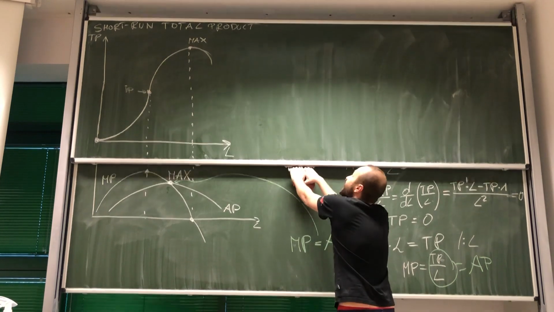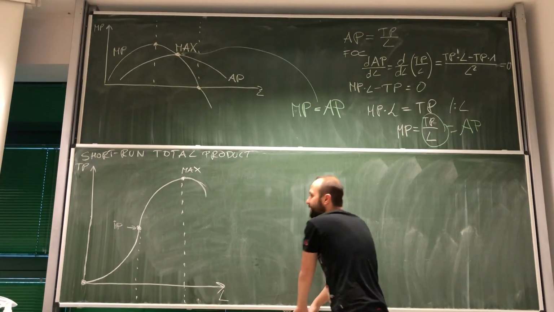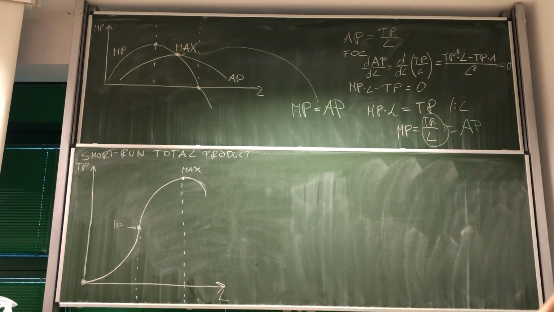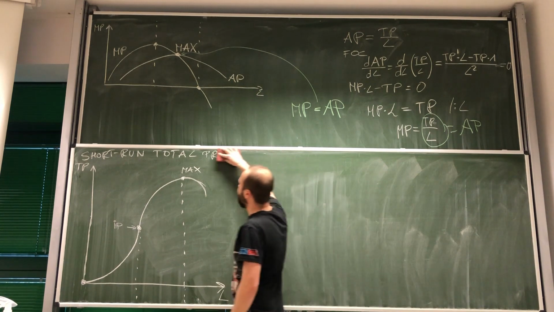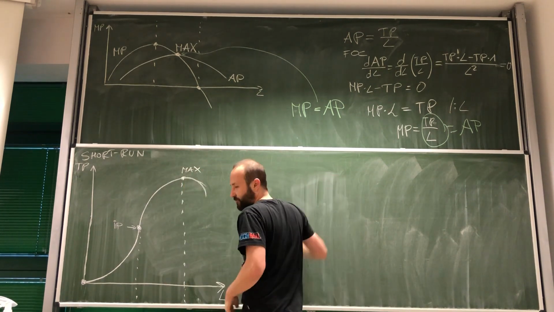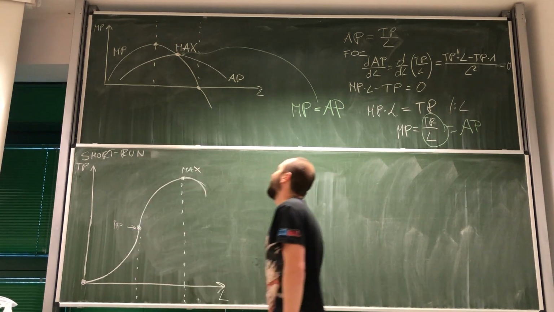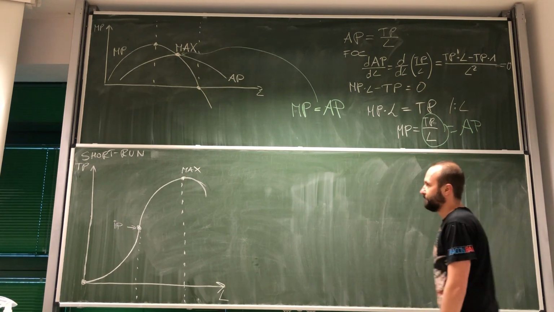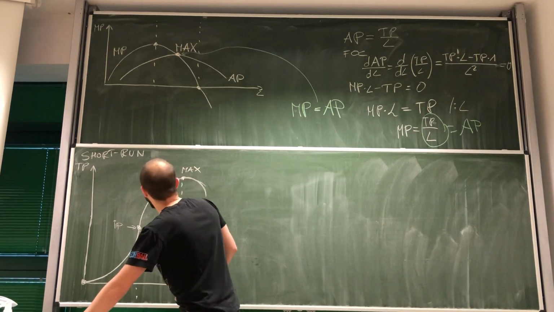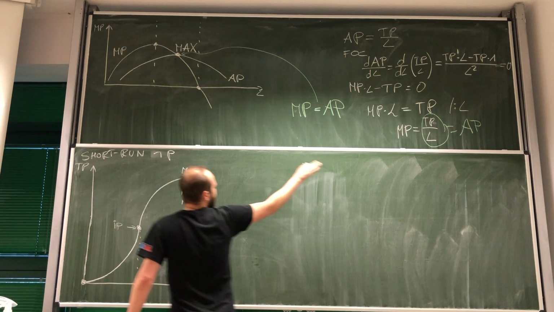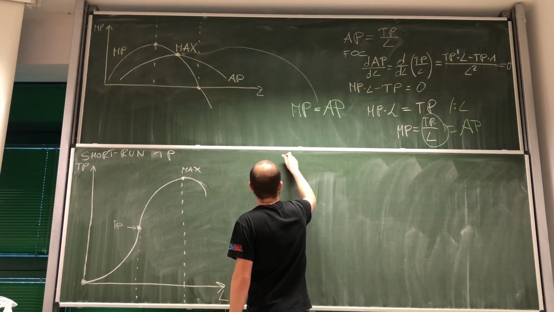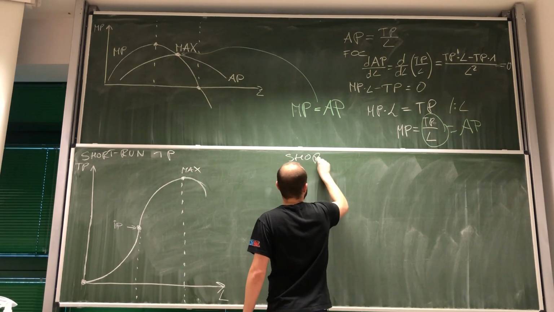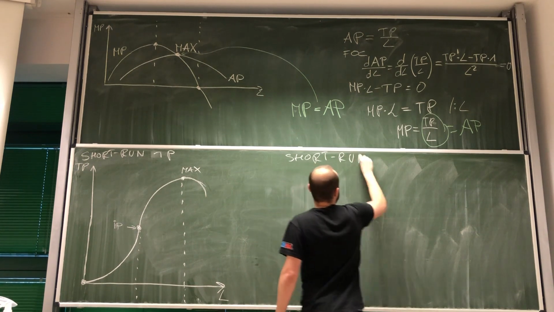Okay, now let's repeat exactly the same exercise that we did here, but for a different function. Now, instead of having short run total product, we're going to have, okay, let's do it over here, short run total cost.